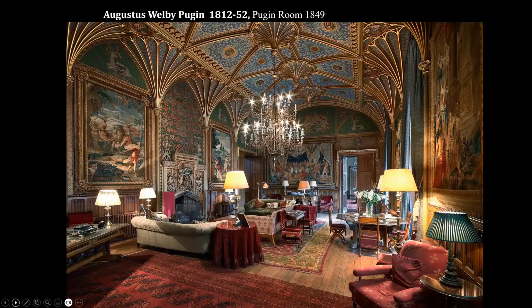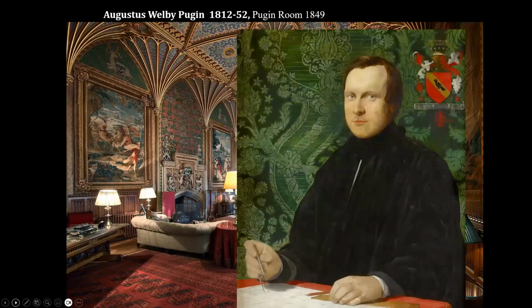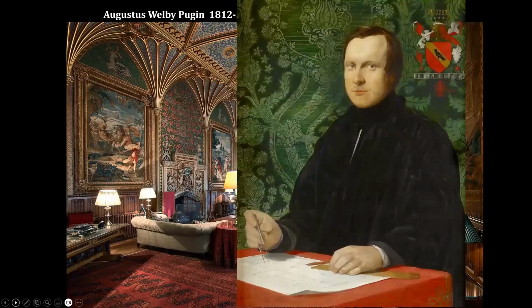So Pugin, of course, here he is, with his coat of arms in the background, is undoubtedly the progenitor of what becomes known as the Gothic Revival. You can see him here with a plan, possibly, of the Palace of Westminster, as he was responsible for much of its decoration.